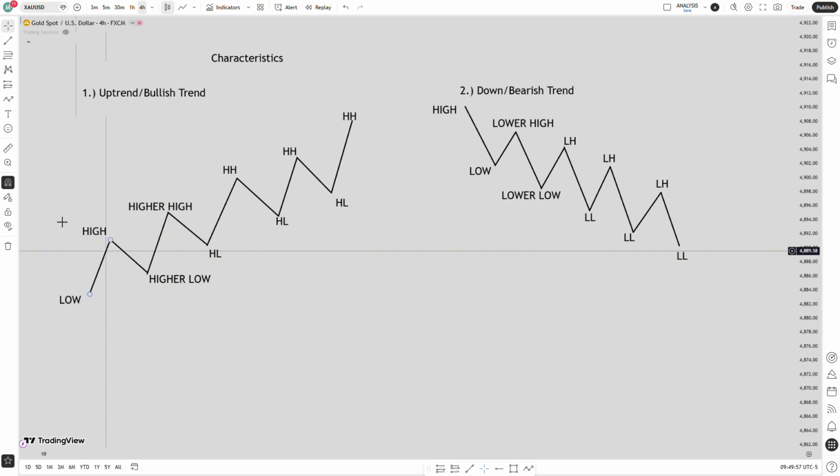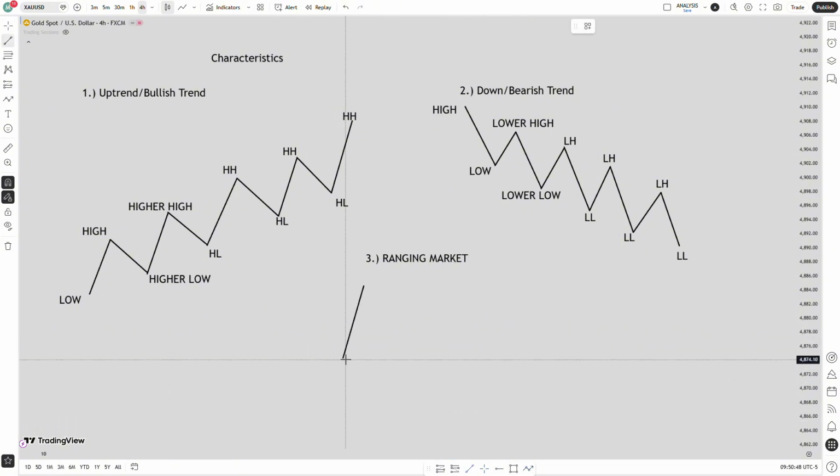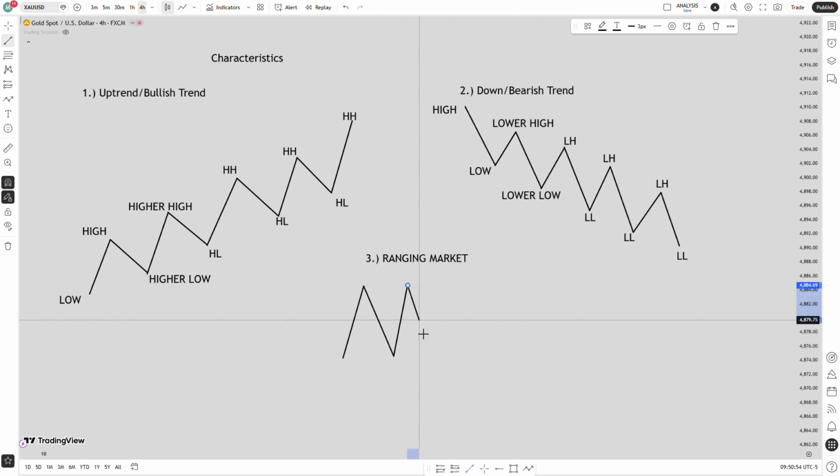What do you do in a bearish trend, in a downtrend? You sell. Now let's go to the last of them, the ranging market. I told you it moves to the side, right? It just goes up, down, up, down, up, down, up, down.